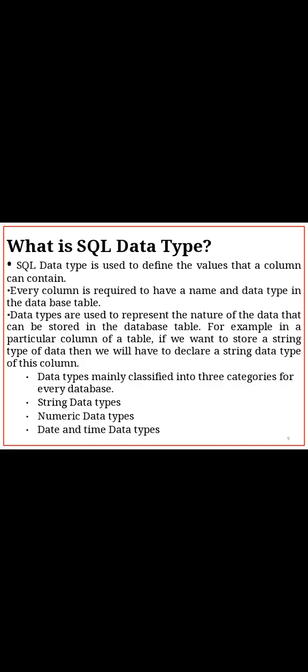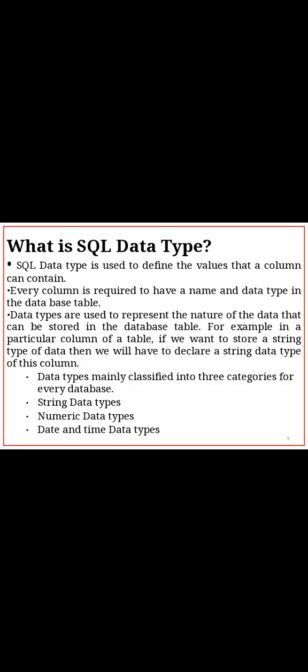Data types are used to represent the nature of the data that can be stored in a database table. For example, for a particular column of a table, if we want to store string values, then we should declare a string data type for the column.